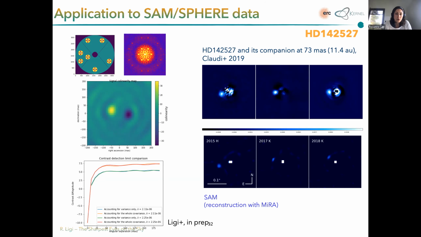Also on the bottom line are the SAM images that you can see on the right. These are the published data from Cheetham et al. 2019. You see an image reconstruction using MIRA. If you look closely, you can see some artifacts in this image reconstruction. With the kernel, you don't get these artifacts, which is quite interesting.